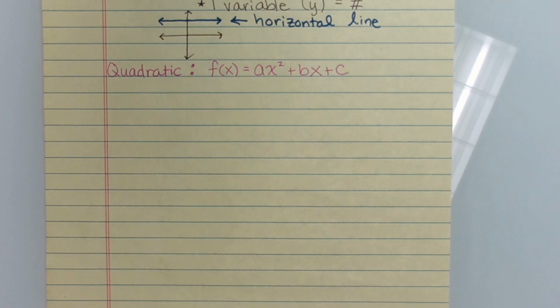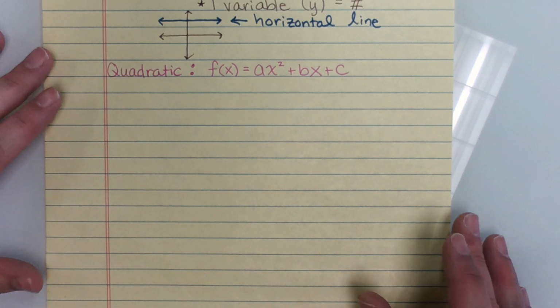They're in the form of f of x equals ax squared plus bx plus c. We're going to see a lot about quadratics in this class again. We're going to see some linear. Most of your linear stuff you've done prior, though. We're going to see quite a bit of quadratic.